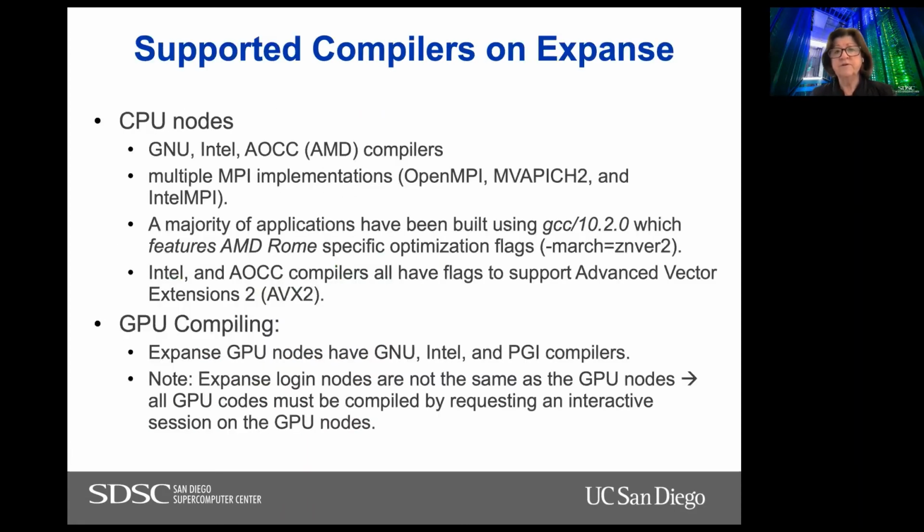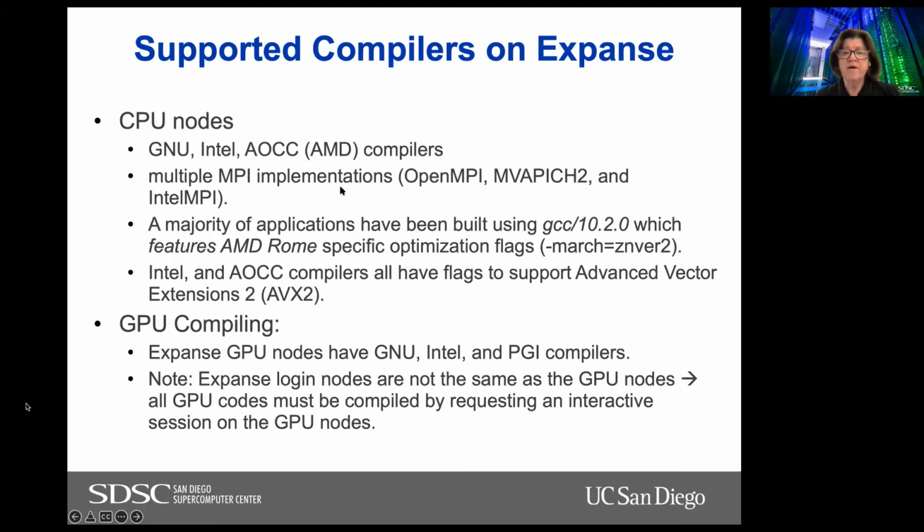So the next thing you need to do if you're running jobs on the system is to compile code and get it to run right. There's a ton of compilers out there that we support on Expanse: GNU, Intel, AOCC. Expanse has the AMD nodes on it, and they have specific compilers.